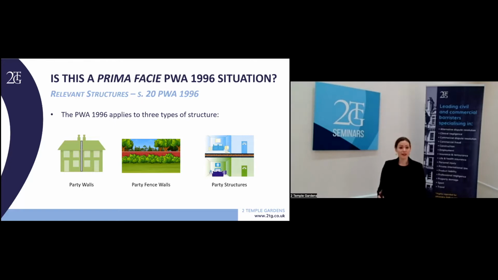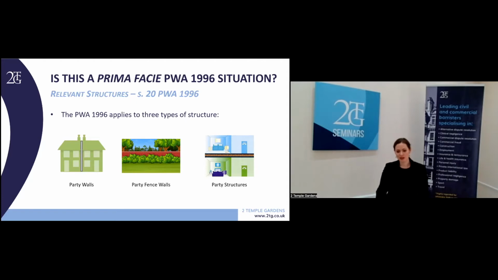A party fence wall is what it sounds like. It's a wall which fences off one parcel of land from another, and that does have to straddle the legal boundary, unlike a party wall. And then finally, party structures bring horizontal divisions into play. And the classic example is the floor partitions between different flats in the same building.